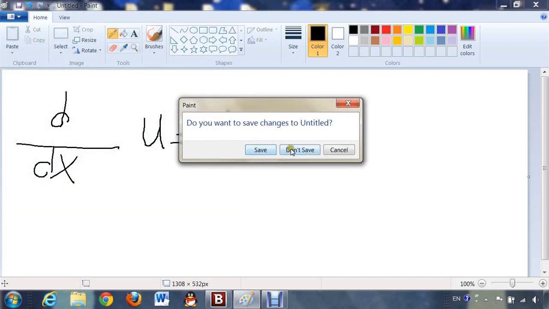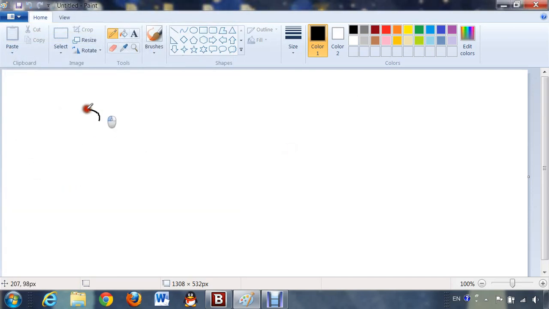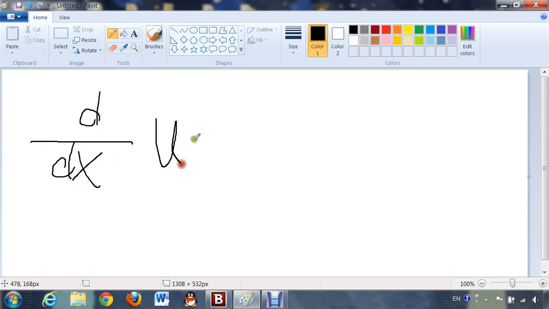The third rule is the derivative of something to a power. This is called the power rule for derivatives. It's this power times the something to the original power minus 1.